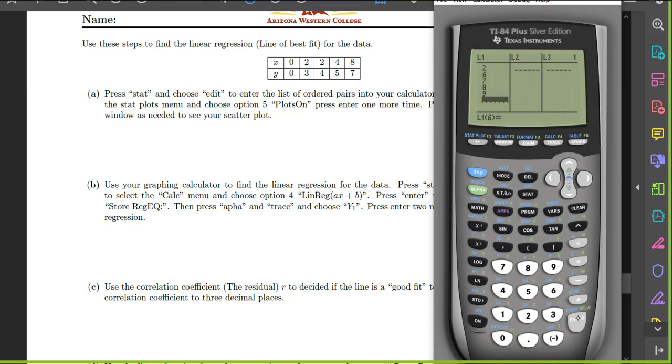You can go through and delete them one by one, but that's a giant pain. If you just use your arrow key and you go up until you are in the header L1, you'll notice it says L1 equals down at the bottom, and then it has that list. Go ahead and press your clear key and then press enter. And it will delete every entry in that list.